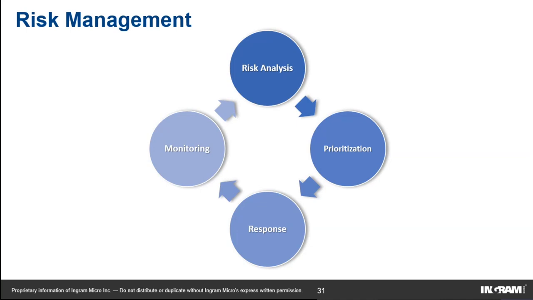It's all the same cycle. Here we perform the risk analysis to identify the risk, prioritize which risks we have to work on, and then we start responding to those risks, and we keep monitoring the risks. In this topic, we will also talk about the risk register.